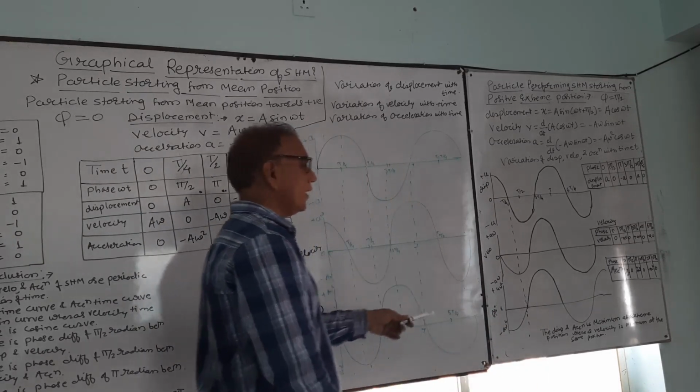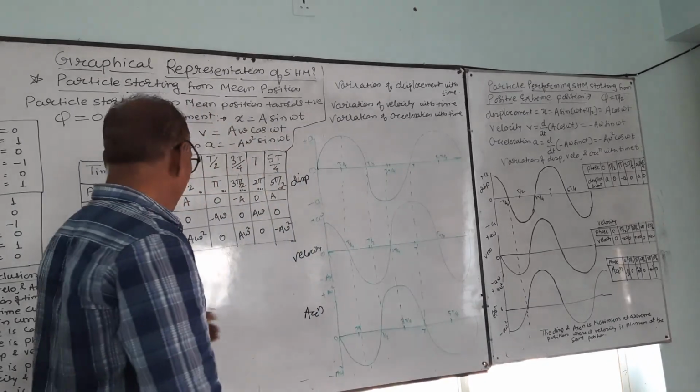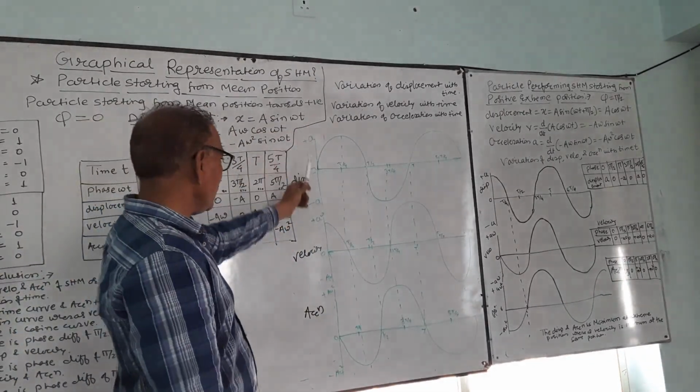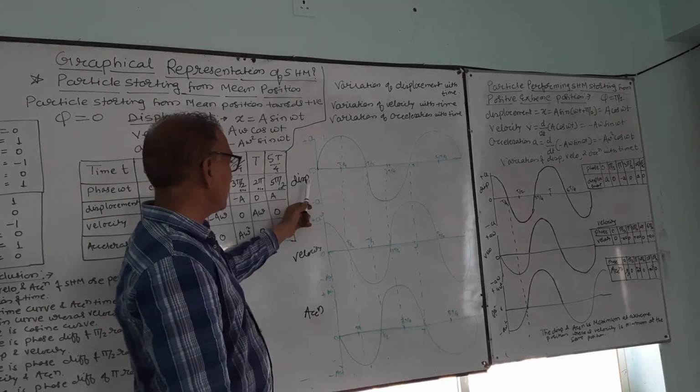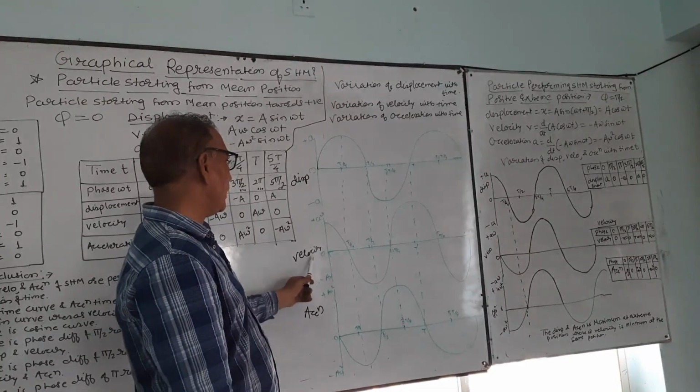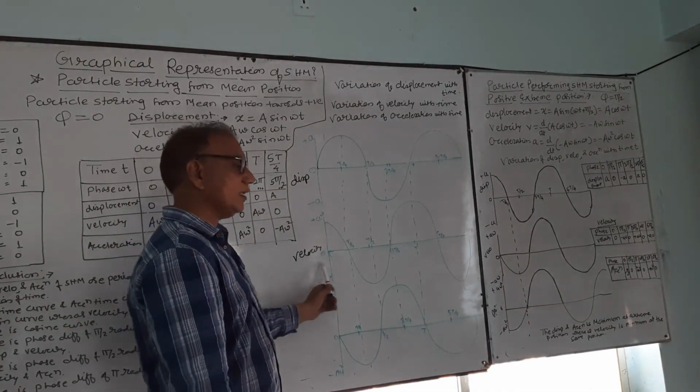And finally, write the conclusion. The remaining conclusions are the same. The only difference is that for the extreme position, displacement time curve and acceleration time curve are cosine curves, whereas velocity time curve is a sine curve.